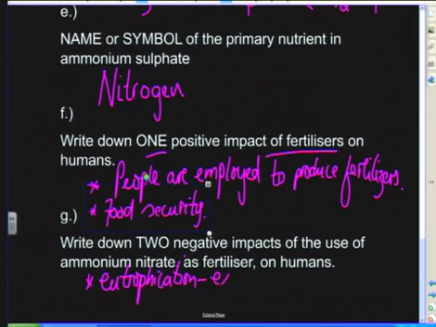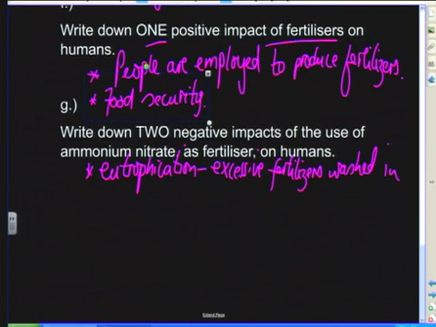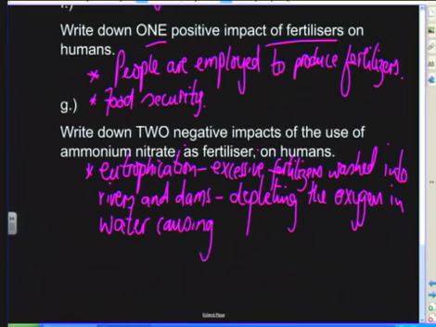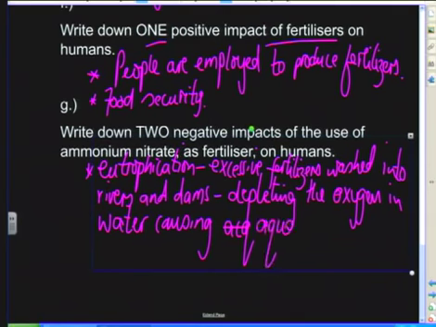That is excessive fertilizers washed into rivers and dams, depleting the oxygen in the water and causing aquatic plants and animals to die.